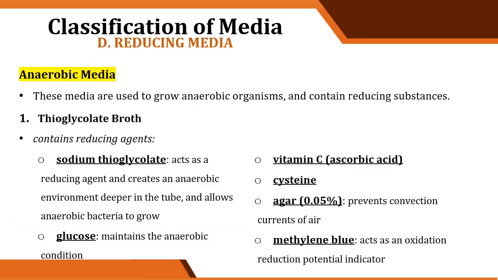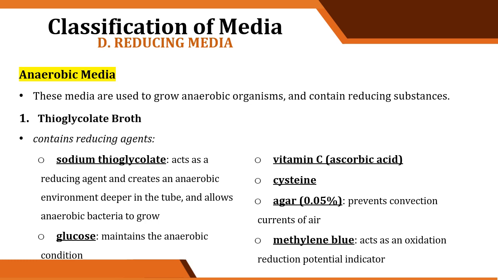Okay. Next, under reducing media is we have anaerobic media. So, anaerobic are used to grow anaerobic organisms. So, anaerobic ayaw nila ng oxygen. Okay? So, they contain reducing substances. Example natin, we have thioglycolate broth. Okay? This contain reducing agents such as yung sodium thioglycolate.